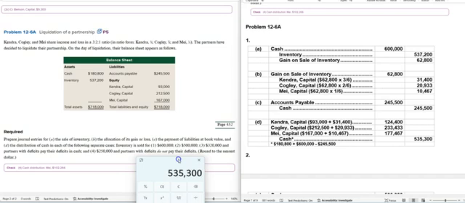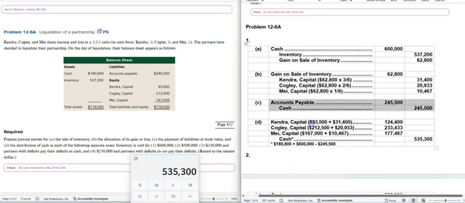The owners are going to be paid this cash based off of their share of equity. Let's think about what their equity is at the end of this liquidation process. Kendra had equity of $93,000, but then was allocated $31,400 for her share of the gain. So Kendra's capital is $124,400.